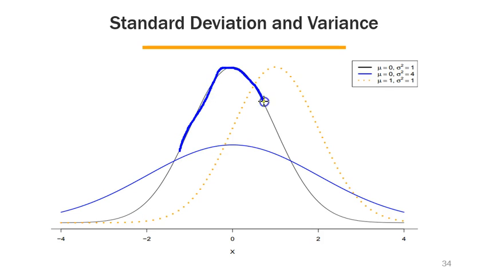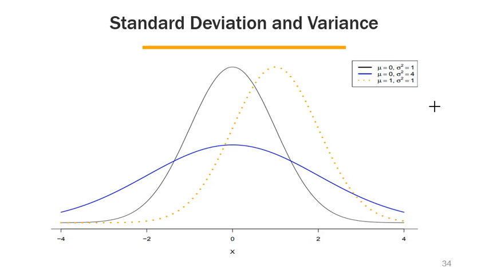There's also a blue line, which I'll highlight now. Those two lines show different distributions which have different standard deviations. The black line has a smaller standard deviation and the blue line has a larger standard deviation.